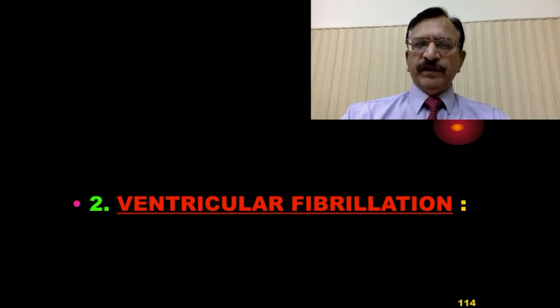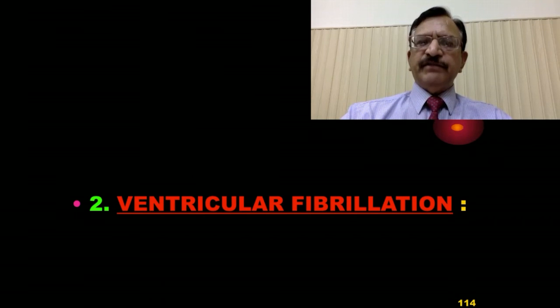In fresh water, the water is inhaled, it enters into circulation, there is hypovolemia, and this will cause the bursting of the RBCs, and the RBCs will release potassium. So this abundant amount of potassium will cause ventricular fibrillation in freshwater drowning.